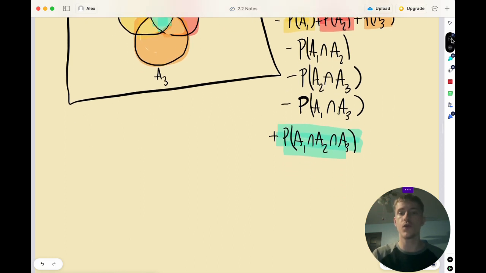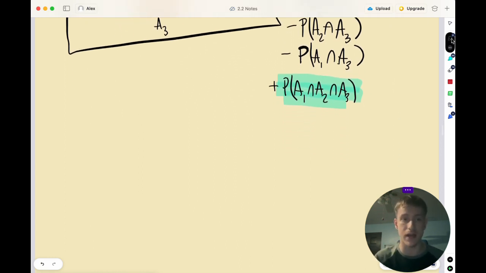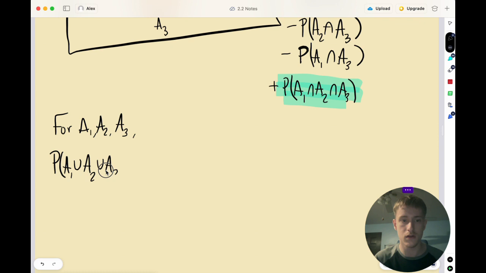All right. So we have that for 3 non-mutually exclusive events. We have that for A1, A2, A3. We have that the probability of their union is equal to all of them added together, just like we would expect.